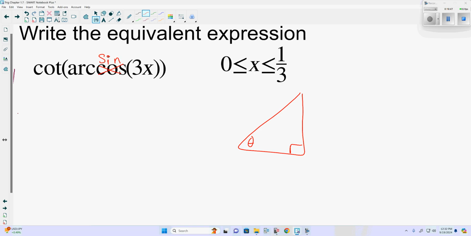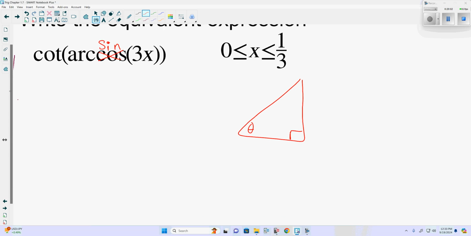Let's switch it to sine. Arc sine of 3x. Not that it's going to give us much different, but it looks a little different.